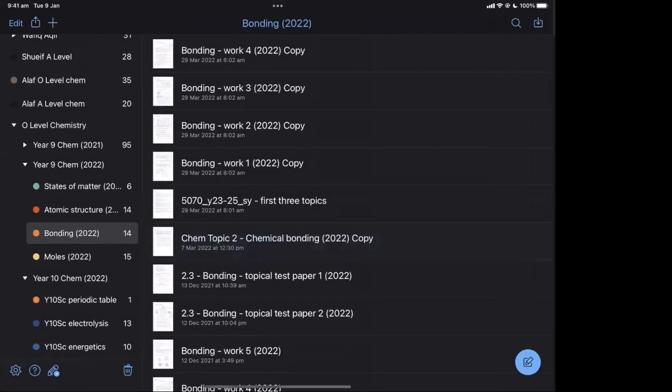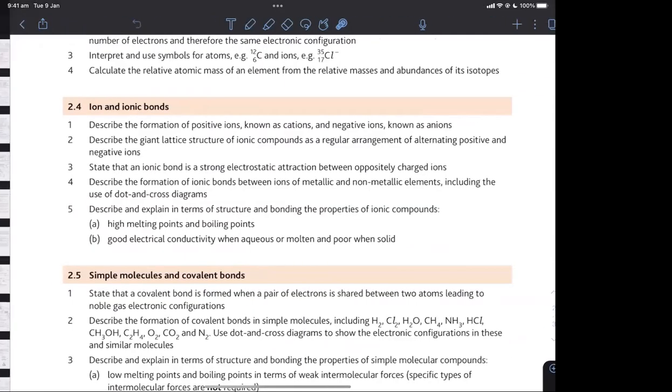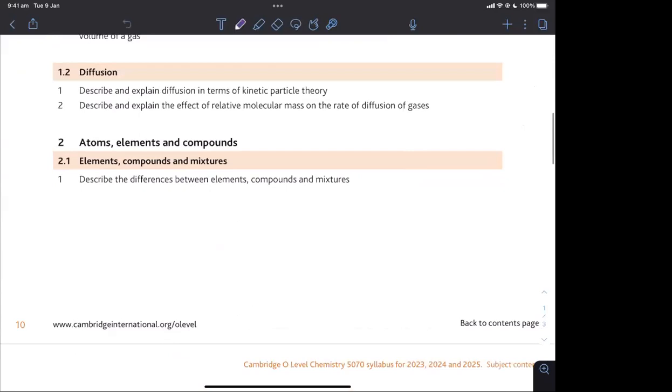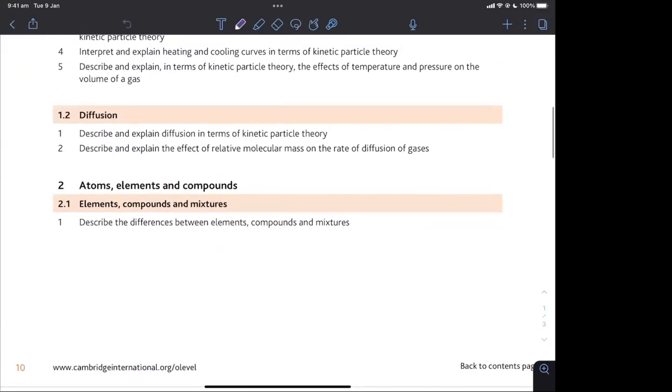I'd like to very quickly go through the syllabus because so far you have gone through the lectures yourself, and you don't become an expert by going through things once. So I thought it would be nice to review the syllabus a little bit. Of course, next week, topical test. Everything comes down to 2.1, describing the differences between elements, compounds and mixtures.